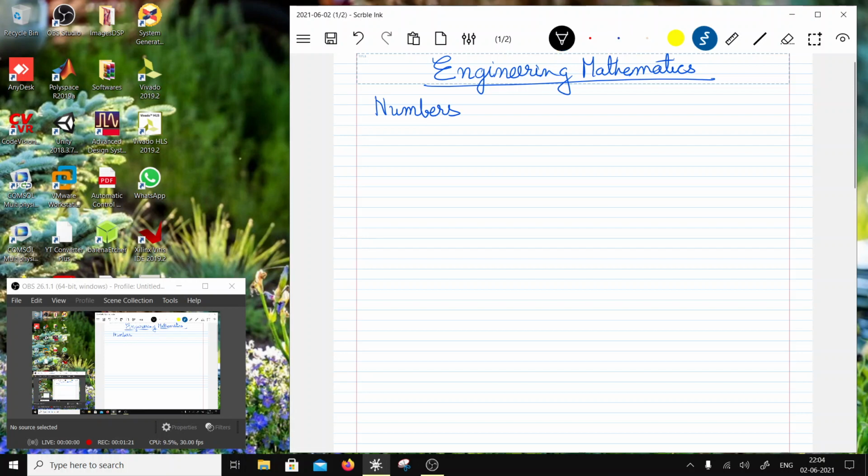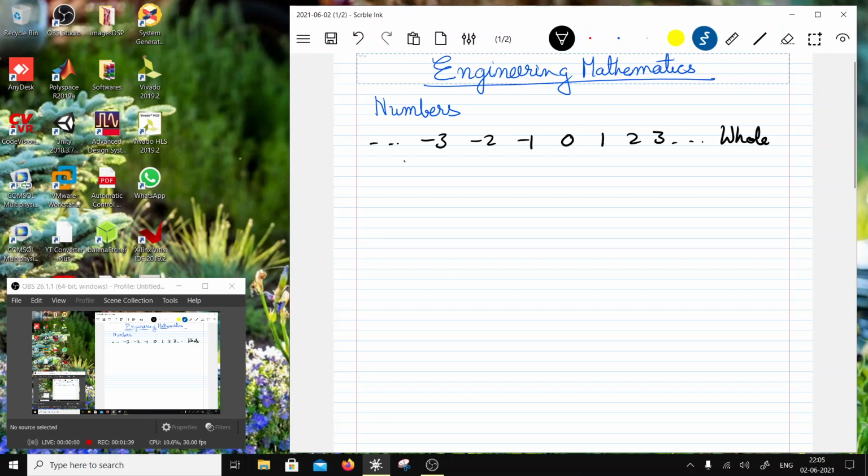In numbers you have whole numbers. These whole numbers include negative integers, like let's say -3, -2, -1, 0, 1, 2, 3, and so on. These are known as whole numbers.